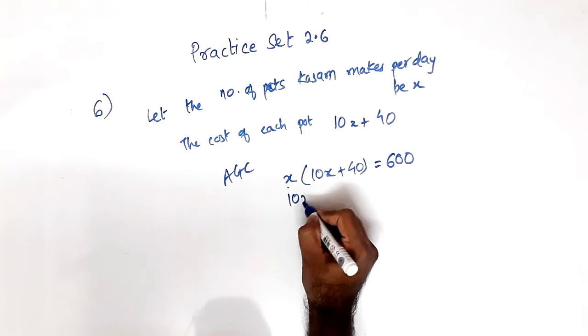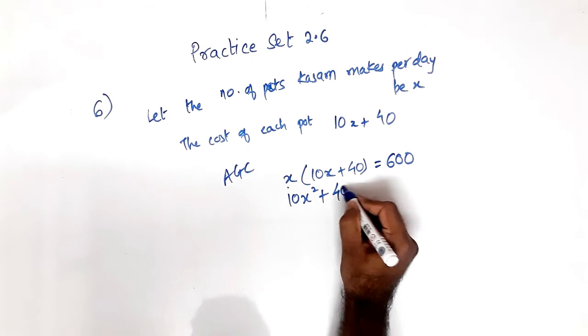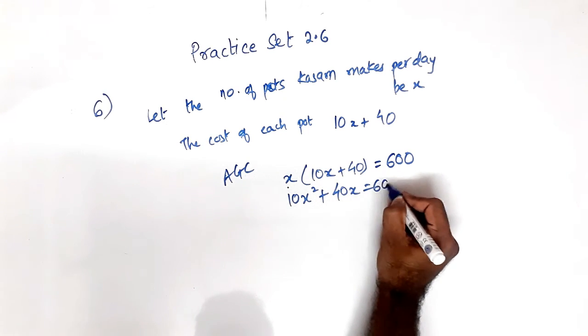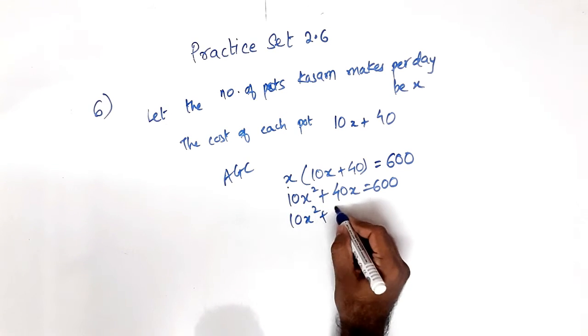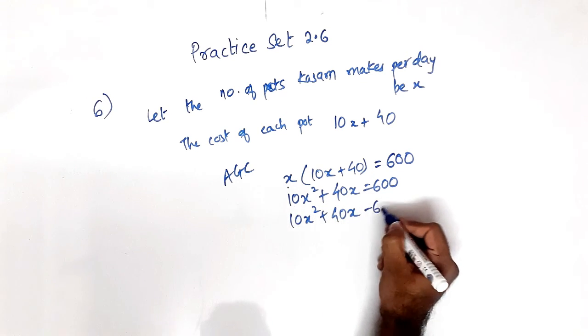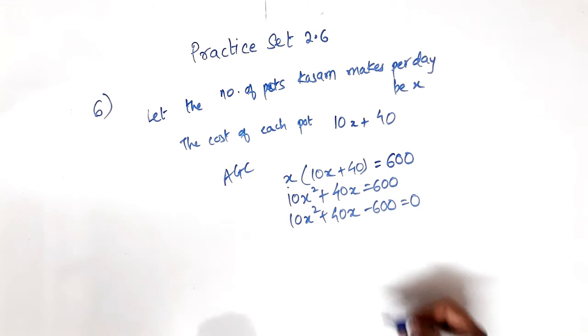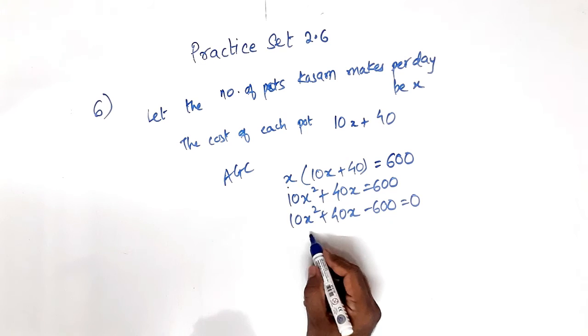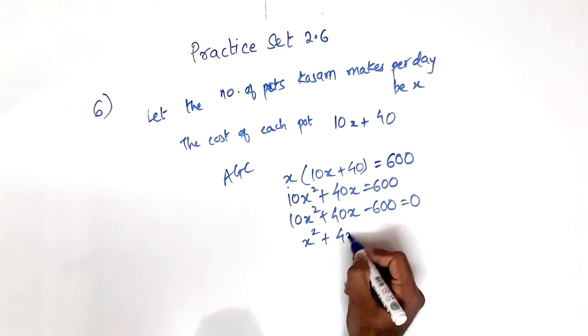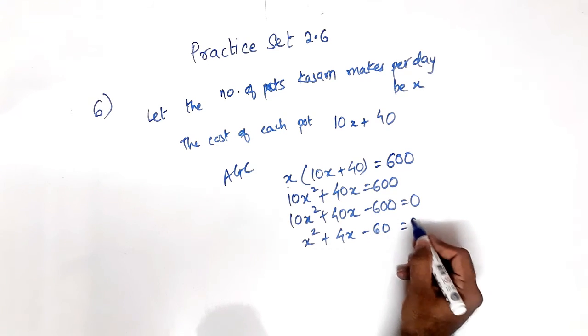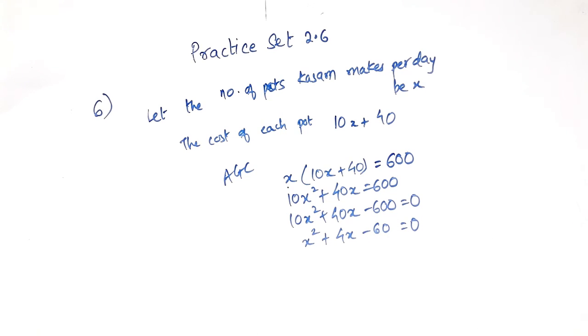So this is 10x square plus 40x is equal to 600. Correct? I'll take this here, 10x square plus 40x minus 600 equals 0. Now dividing this by which number? I'll divide this by 10. Okay, x square plus 4x minus 60 equals 0.